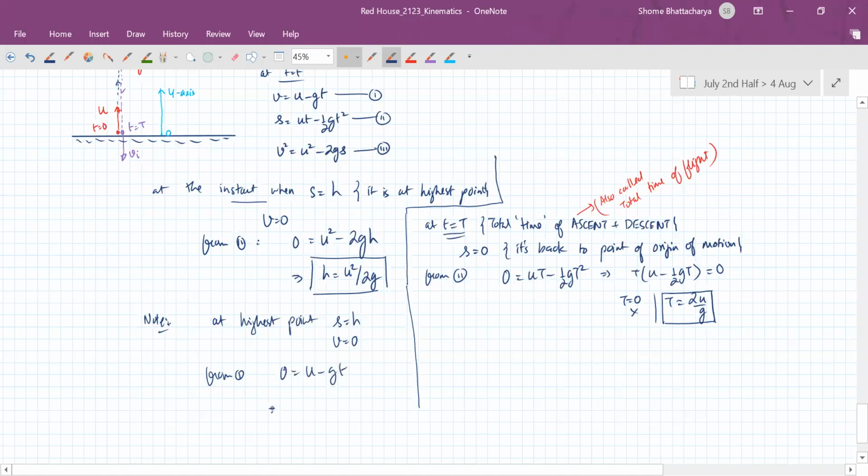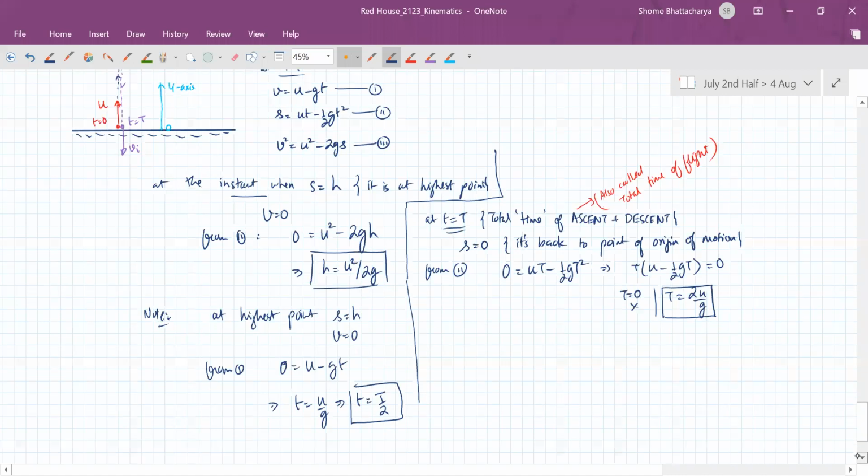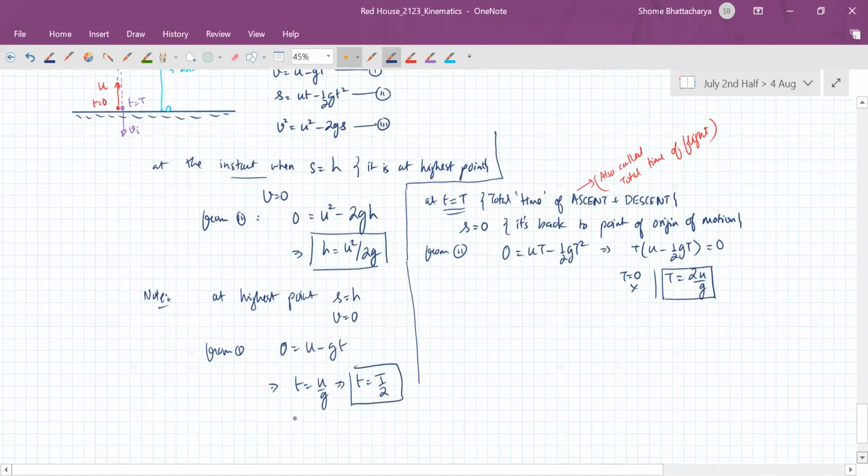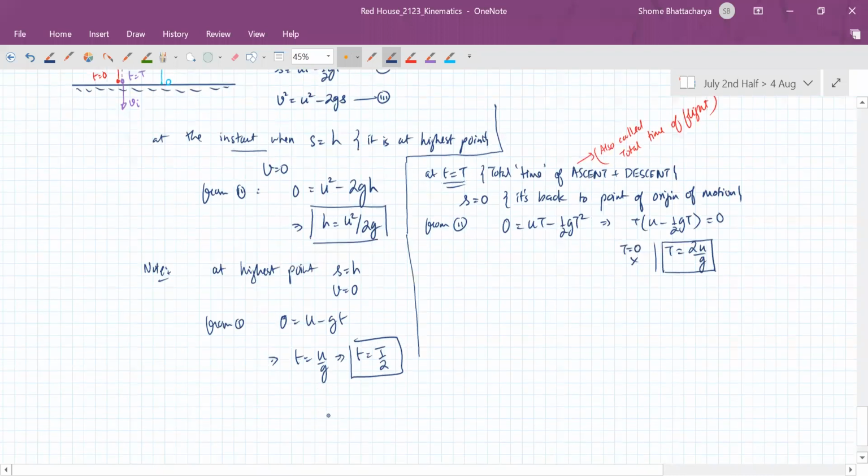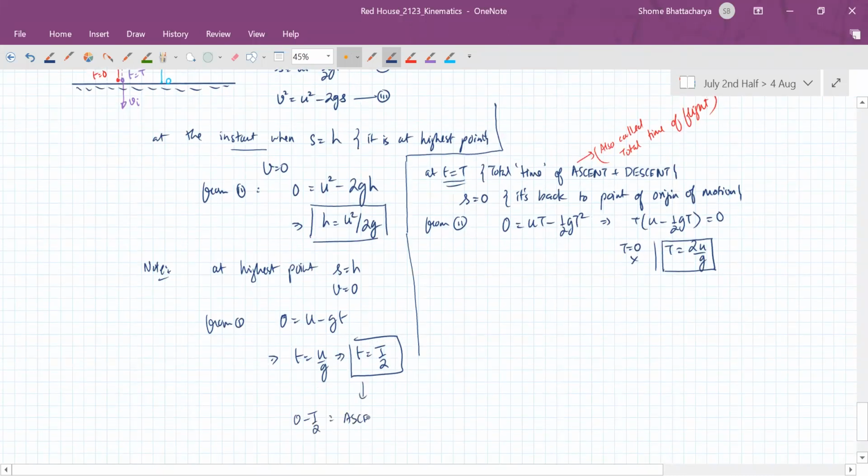So the time at which it reaches the maximum height is U by G. Okay, and you can notice that this time is equal to capital T by 2, because capital T was 2U by G. So this tells us something important, that 0 to T by 2 is ascent, and then T by 2 to T is descent.